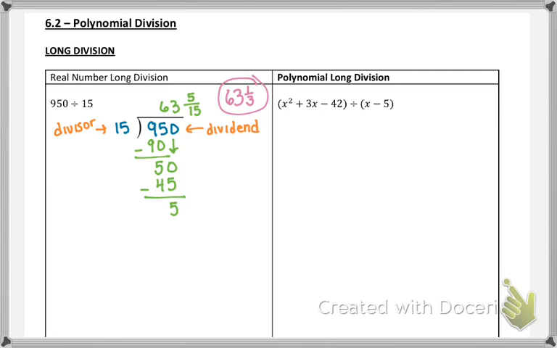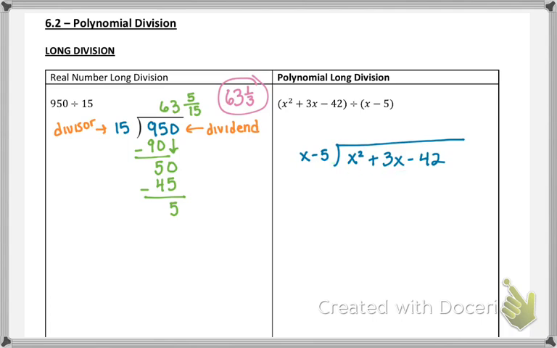Okay, so now we're going to do the same thing to the polynomial. We're going to start by writing my division symbol, and I'm going to put the divisor outside and the dividend inside. So because my divisor has 2 terms, I'm going to just focus on these 2 terms first.